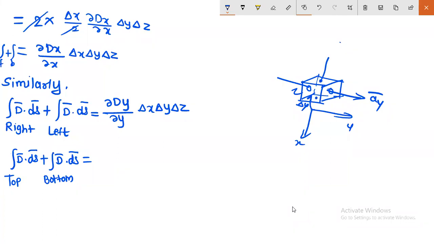So which is the perpendicular vector here? A bar z. A bar z. Then what will be the equation? ∂Dz/∂z into delta x, delta y and delta z.